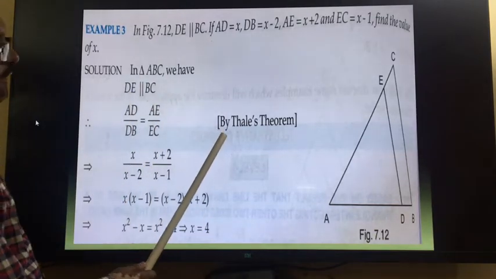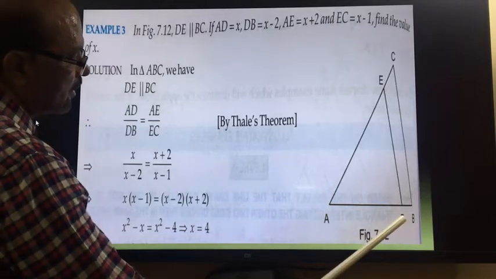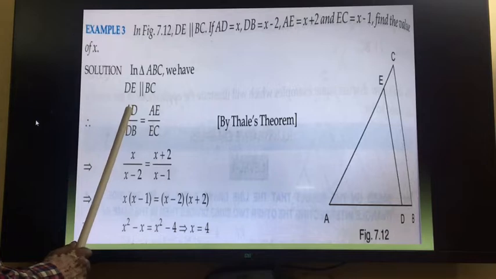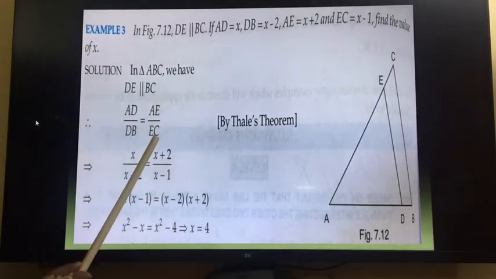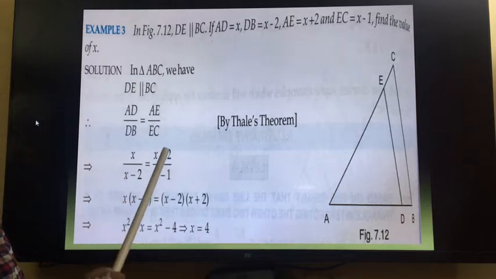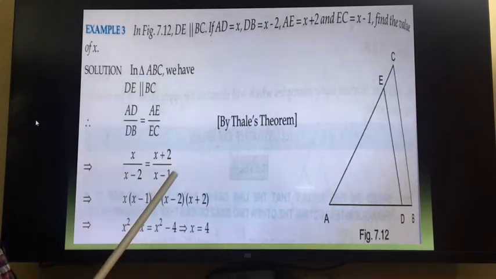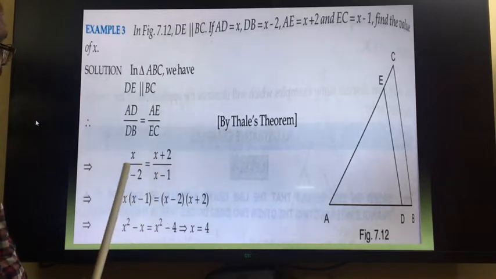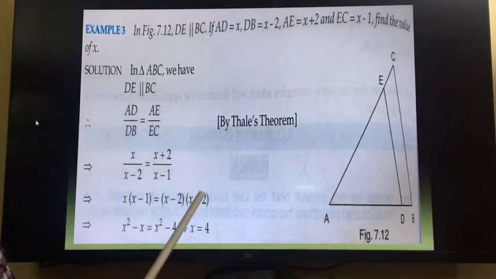So again by BPT theorem we can write AD upon DB is equal to AE upon EC. Now put the values: AD is x upon x minus 2 is equal to x plus 2 upon x minus 1. Do the cross multiplication. So x into x minus 1 is equal to x minus 2 and x plus 2.